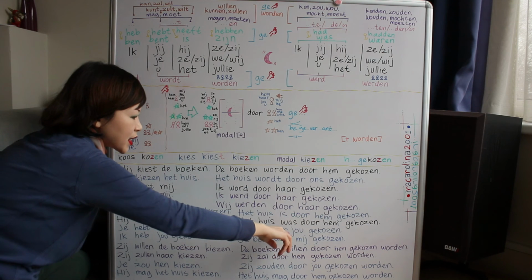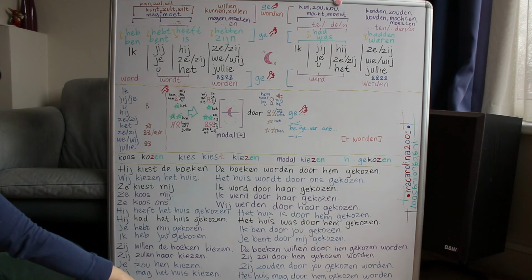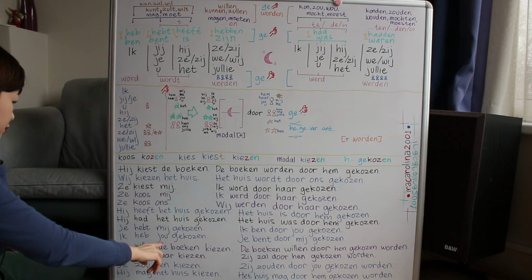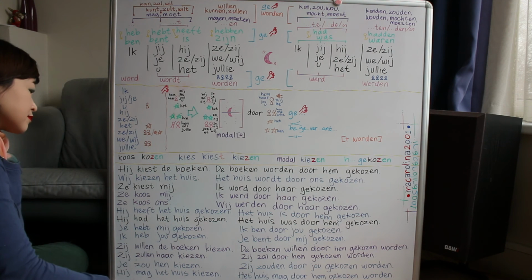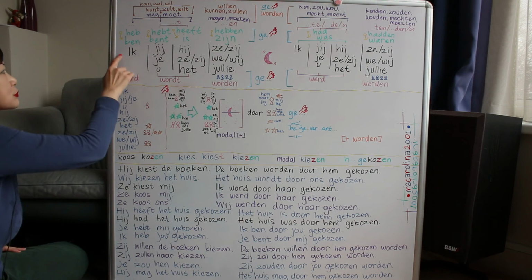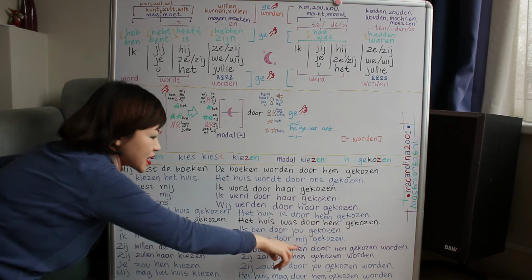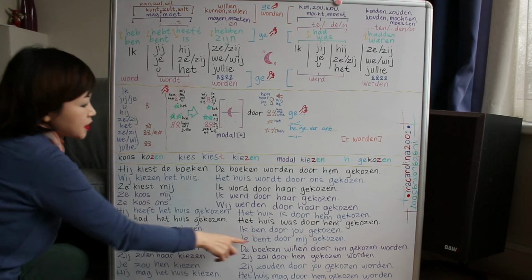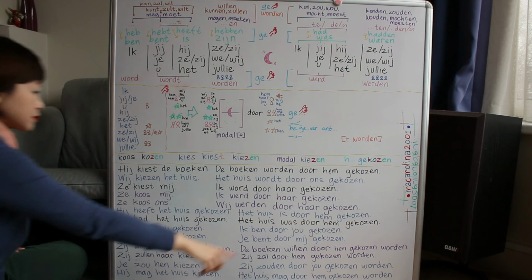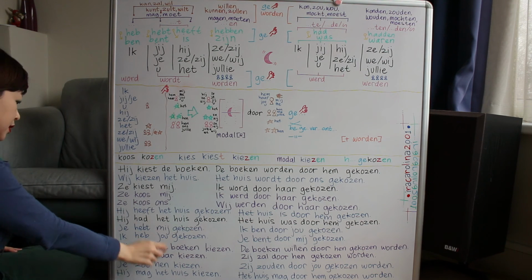Ik ben door jou gekozen. Jou, from you, because it's object. Ik heb jou gekozen. Ik heb. Je bent door mij gekozen. Je bent. Mij, ik. Jou, je.